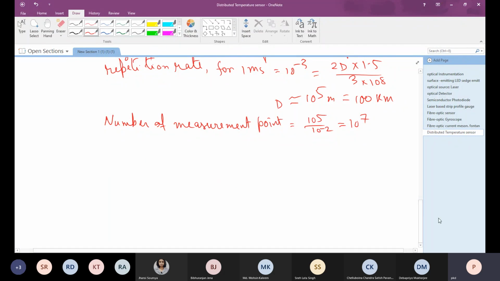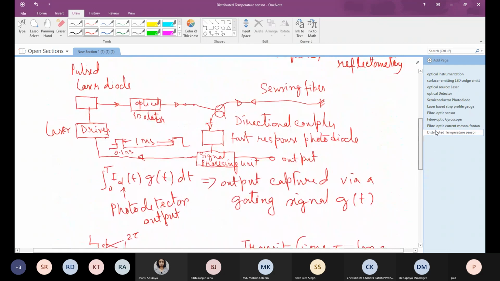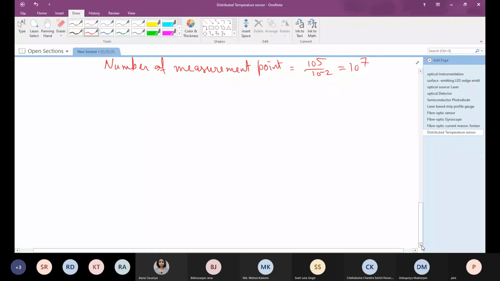Now, OTDRs are also popularly used for monitoring the discontinuity. That is, of course, much easier.